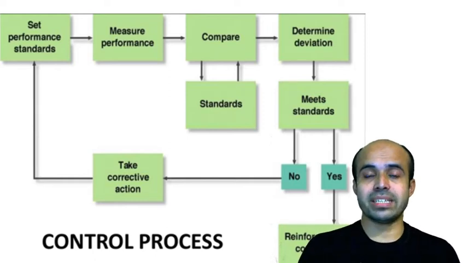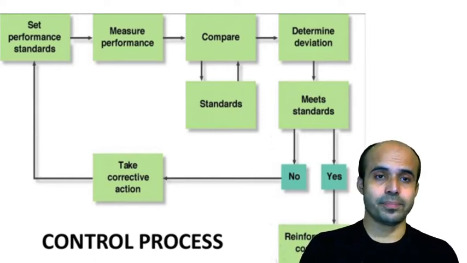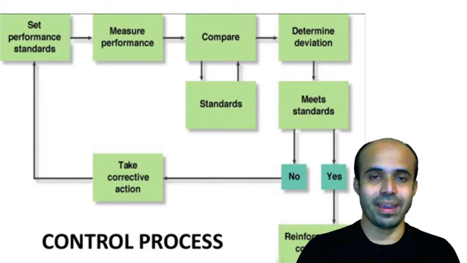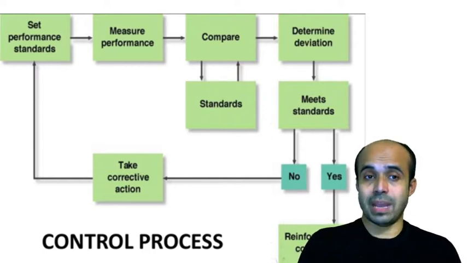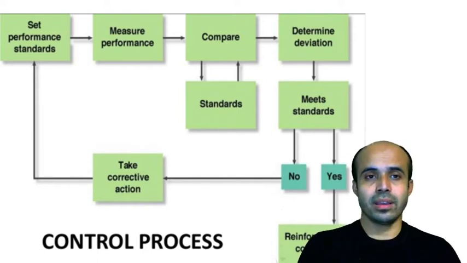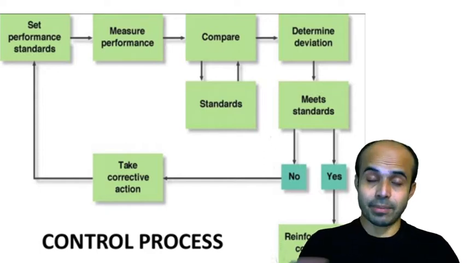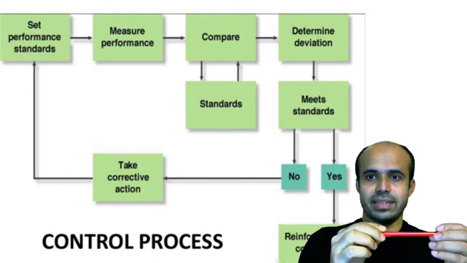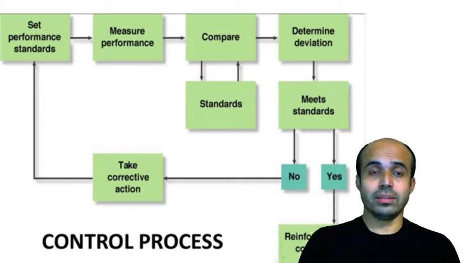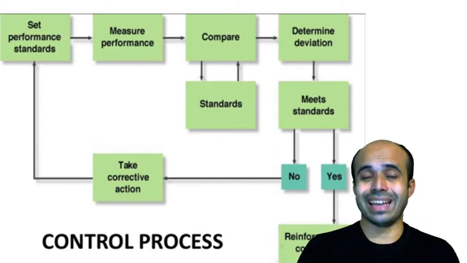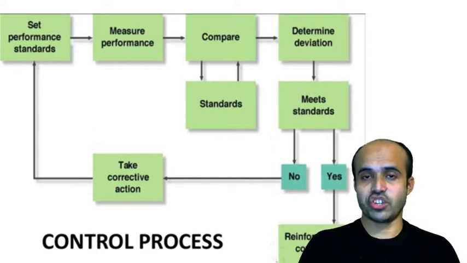And then measuring performance. What is measuring performance? Measuring performance is when all the activities of production are going on. After a time period, you will get some pens like this. So many pens you will get from the factory, because the factory is active in making production.